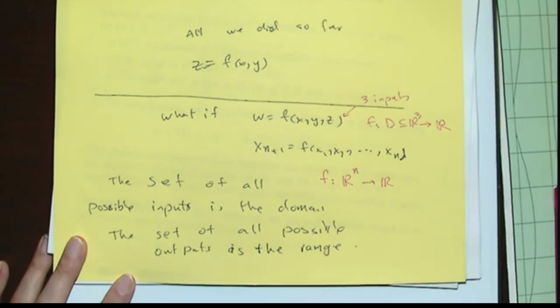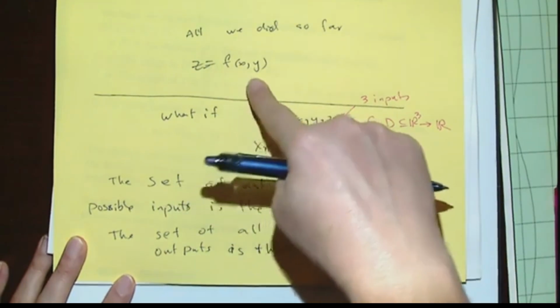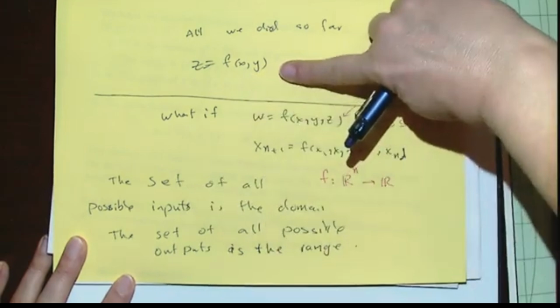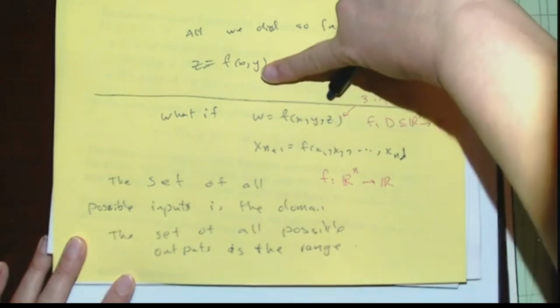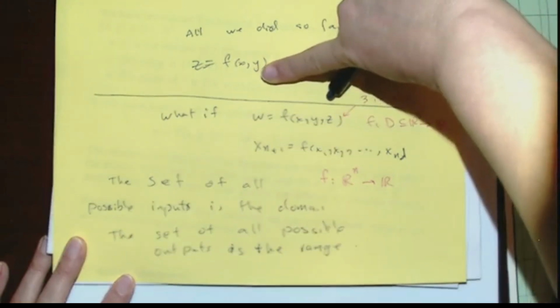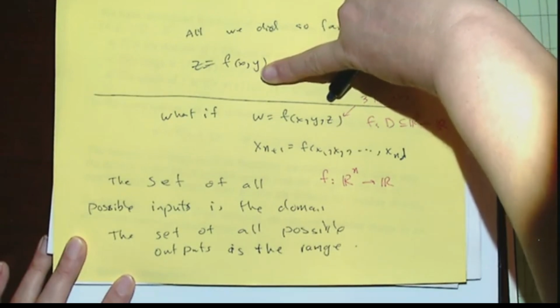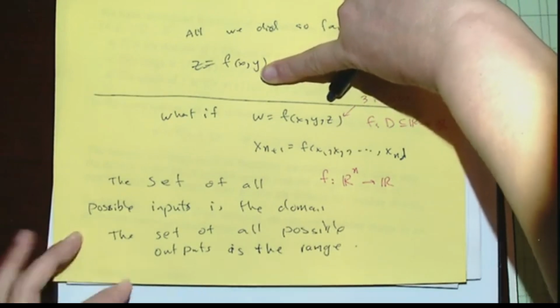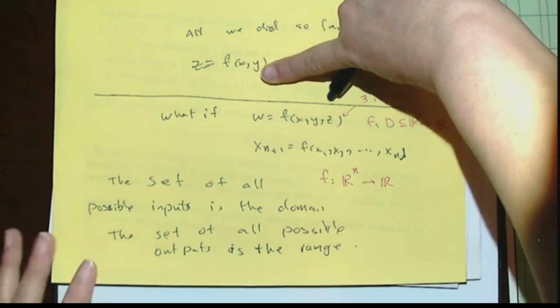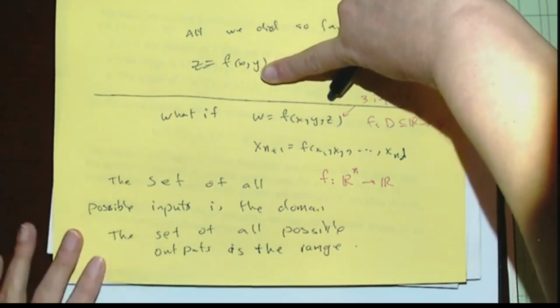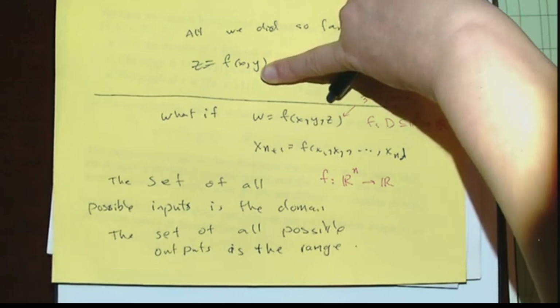But remember, when I had a function of two variables, where did the graph live? Domain was in R2. What dimension did the graph live in? 3.